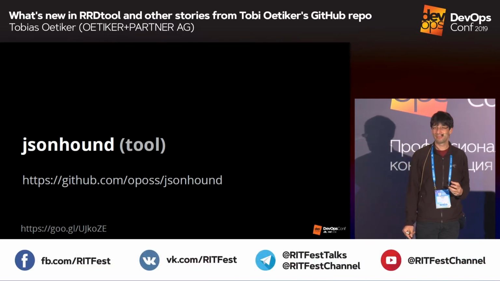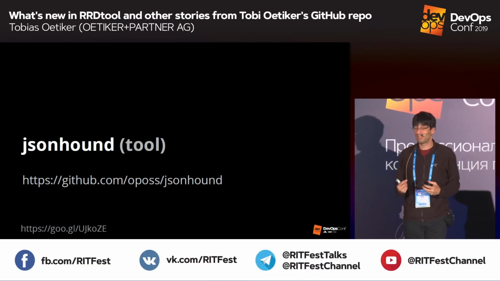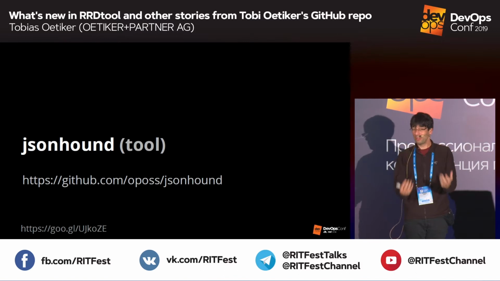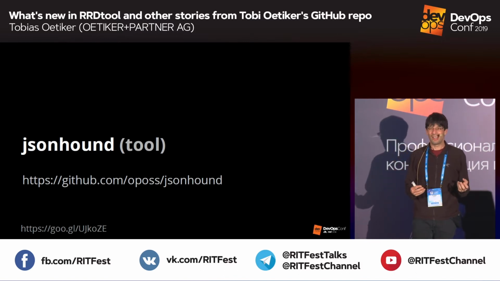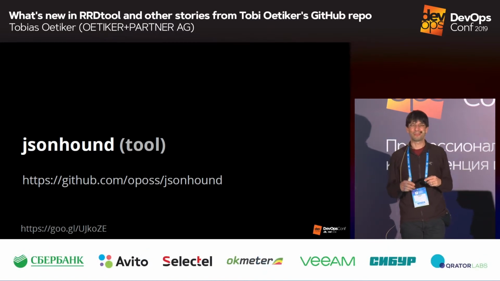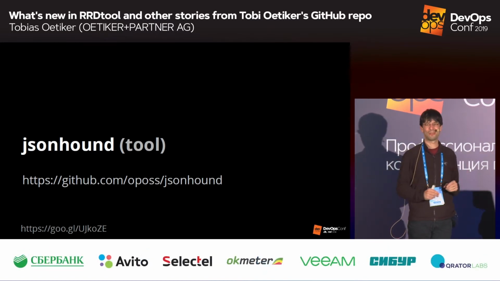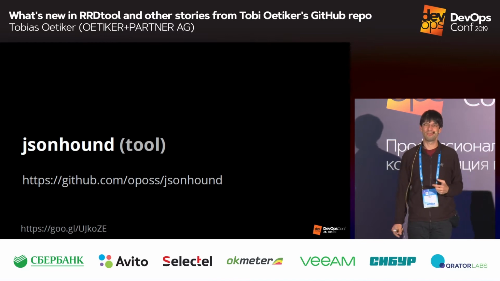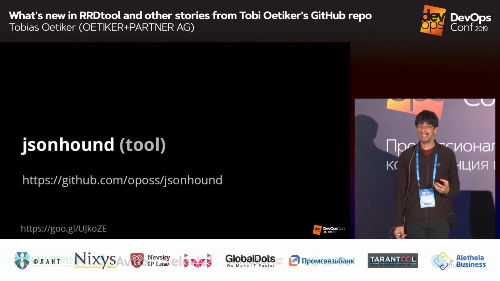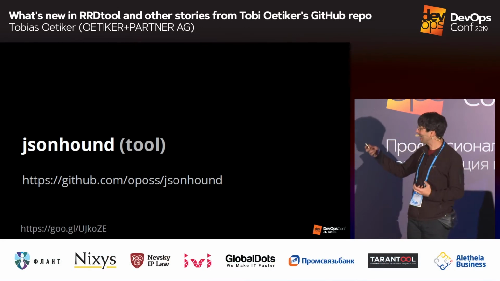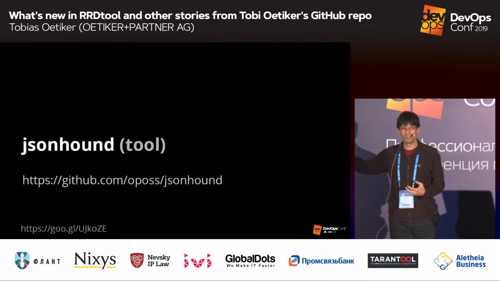And if you do that, then those JSON files contain all the information about the configuration of the switch and of the router. If you want to figure out whether the configuration is correct or not, let's say you're in the security department of your company, then you can analyze the JSON. And JSON Hound is a tool to do exactly that.